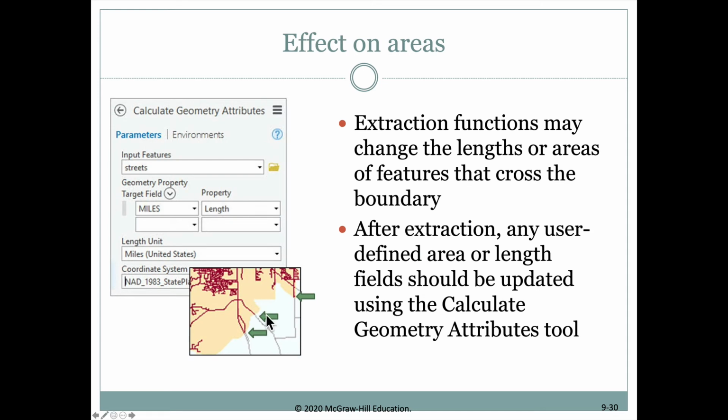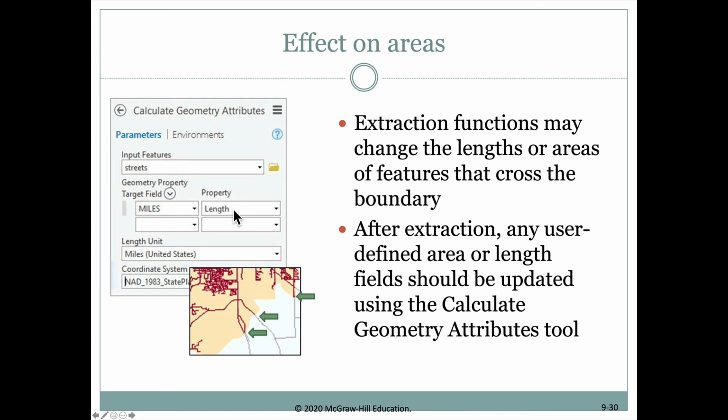As we do these sorts of things, we could actually be changing the length of these road segments. This road segment before might have run from here to here, but after we do this clip, we now have either this red segment if we did clip, or this gray segment if we did erase. So we would want to use calculate geometry if we have any fields, such as maybe the miles field in this streets feature.